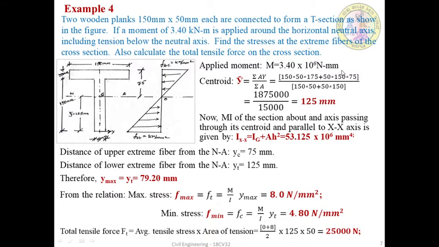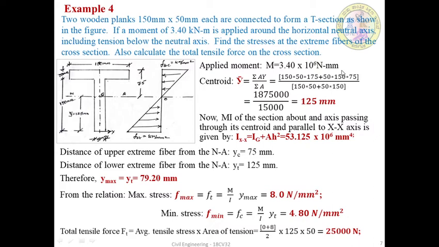Next thing, we have to locate the neutral axis. To locate the neutral axis, we have to find the centroid. After finding the centroid, we draw a line passing through the centroid, that is the neutral axis. Before that, we have to check whether the given section is symmetrical about any axis.